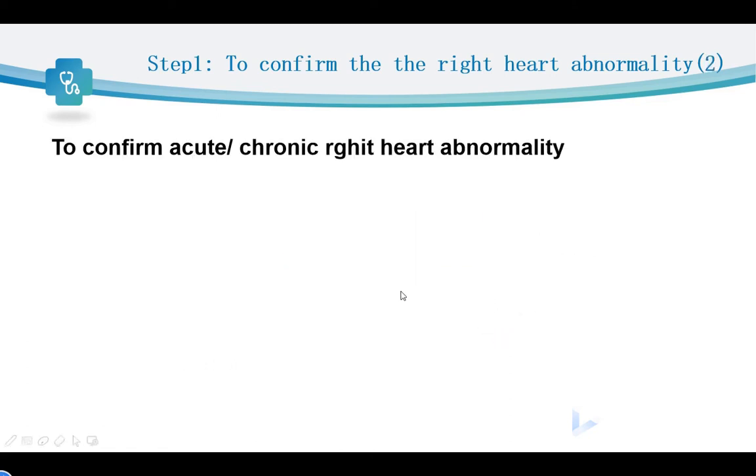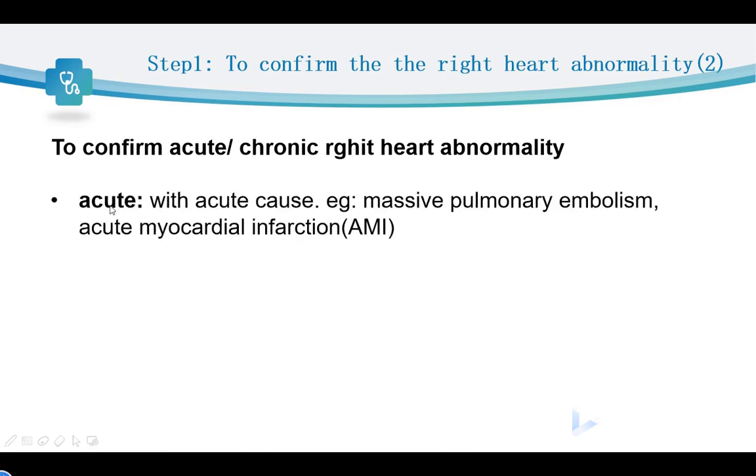And next, we also need to confirm the phase of the right heart abnormality, acute stage or chronic stage. Acute right heart abnormality is usually caused by acute causes, such as massive pulmonary embolism and acute myocardial infarction.